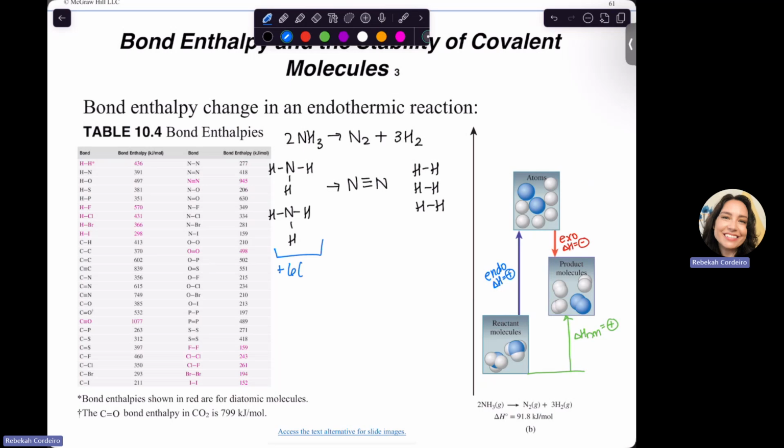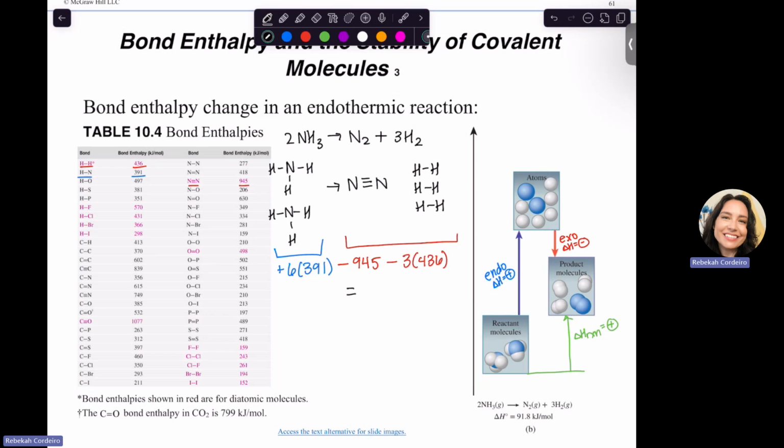I see HN here is 391. And then for my products, minus an NN triple bond, 945, minus 3 times HH, which is 436. And then I'll just put that in my calculator.